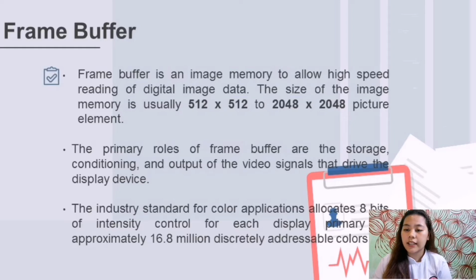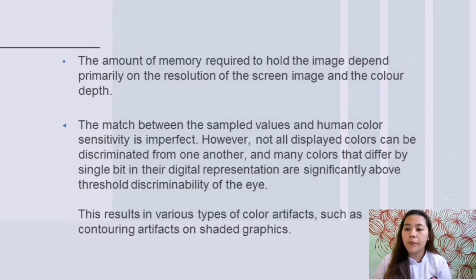The industry standard for color application allocates 8 bits of intensity control for each display primary, for approximately 16.8 million discretely addressable colors. The amount of the memory required to hold the image depends primarily on the resolution of the screen image and the color depth.